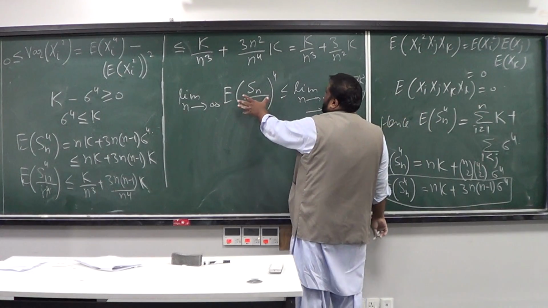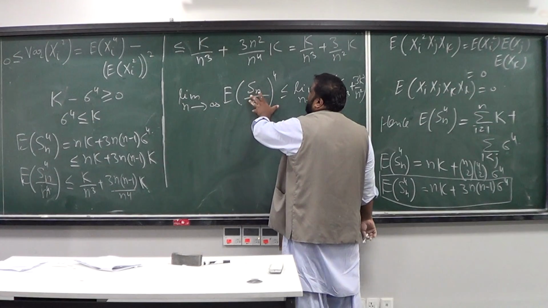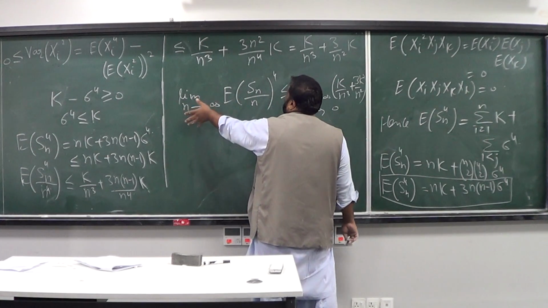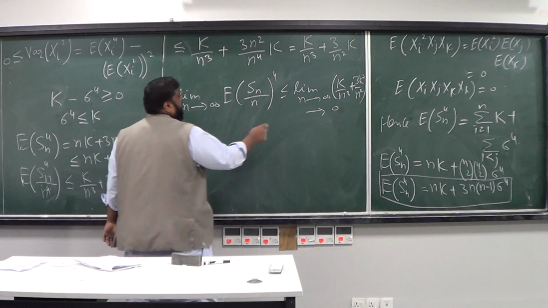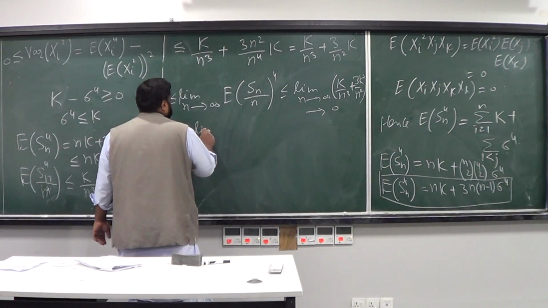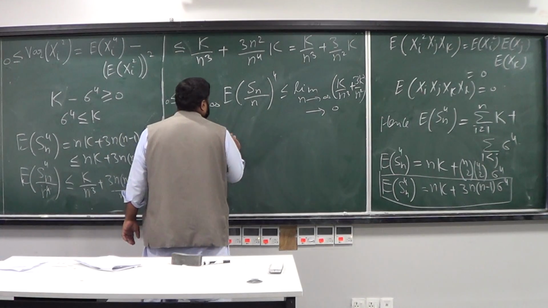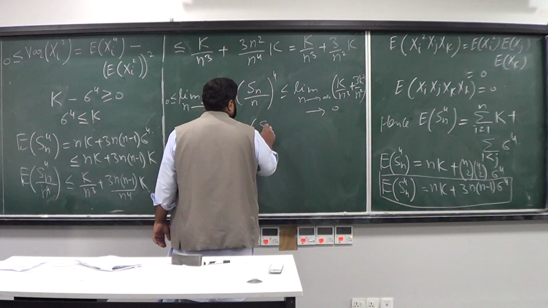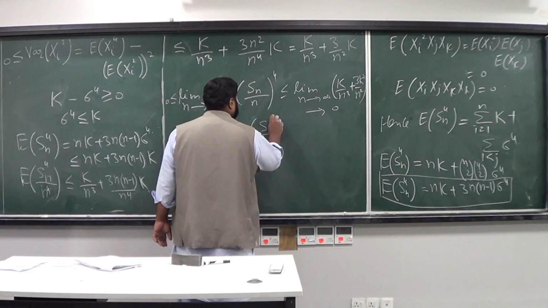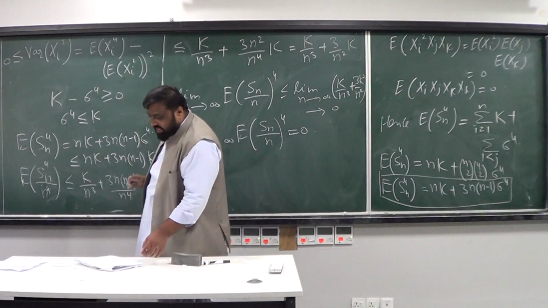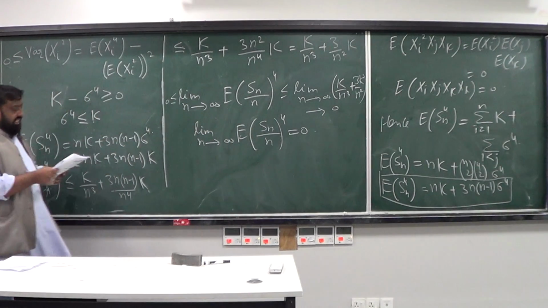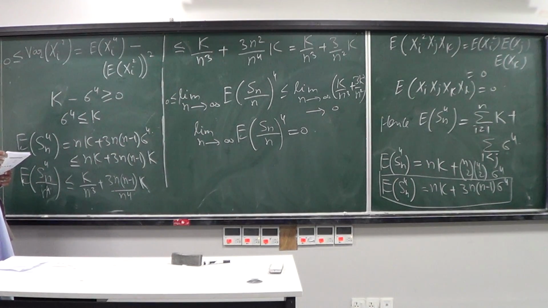But Sn to the power 4 is also greater than or equal to 0. So this limit is greater than or equal to 0 and less than or equal to 0. So the limit as n goes to infinity of the expectation of Sn to the power 4 over n to the power 4 is 0. So we proved this interesting result.